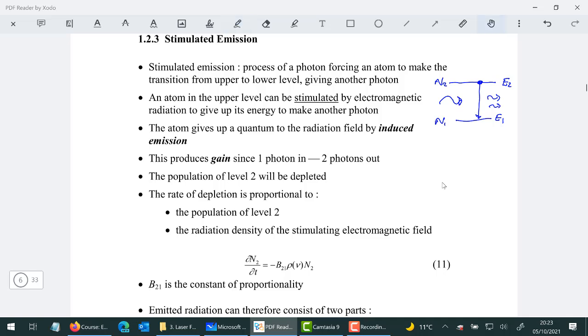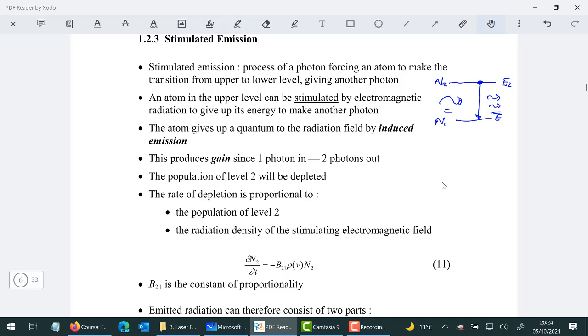So we've stimulated the emission of another photon. In other words, we've stimulated the emission of radiation, and that produces gain. We've got 1 photon going in, and we've got 2 photons coming out.